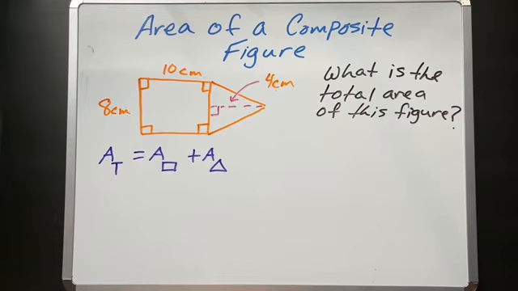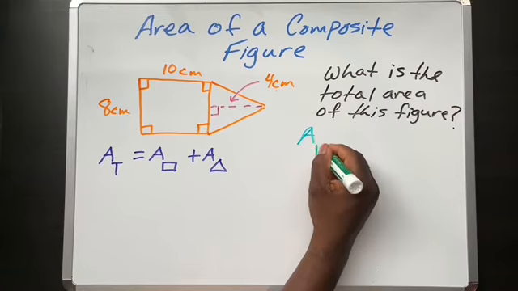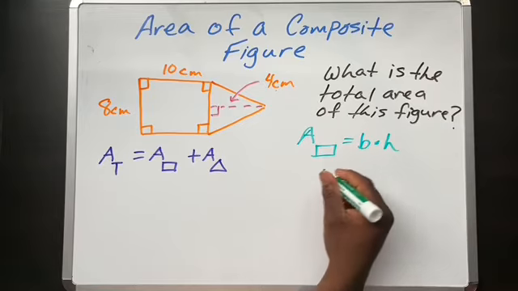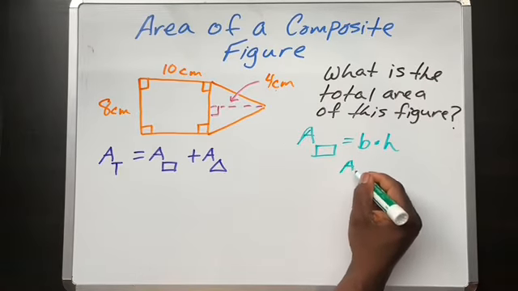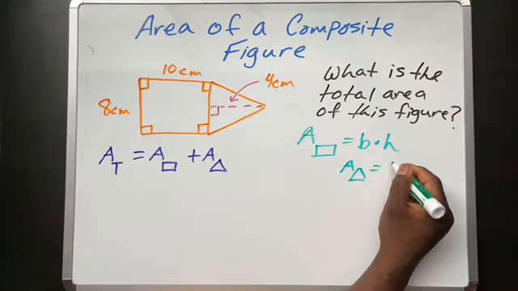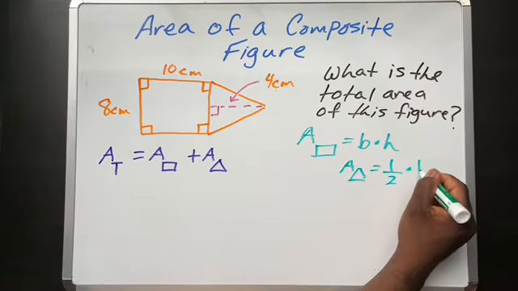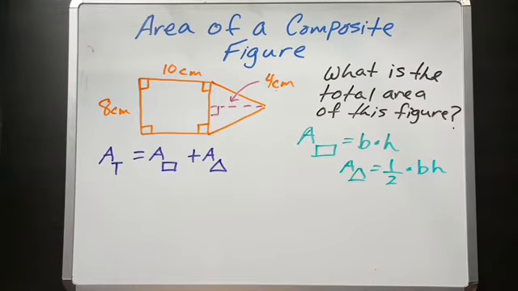So I'm going to put that over here. The formula for the area of a rectangle is equal to base times height. And the formula for the area of a triangle is equal to 1/2 times base times height. So we need to know that. Now that we know that, we're ready to go ahead and finish the problem.